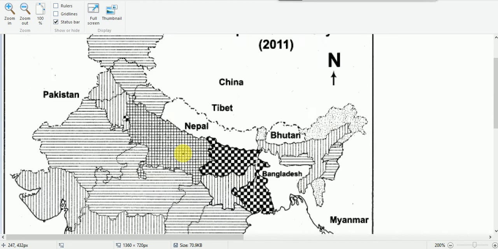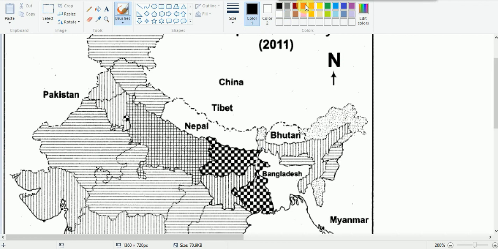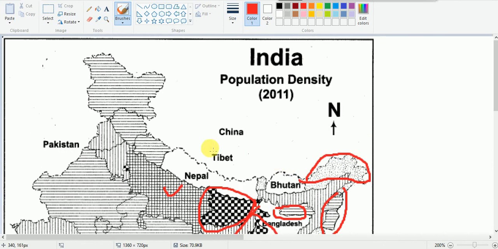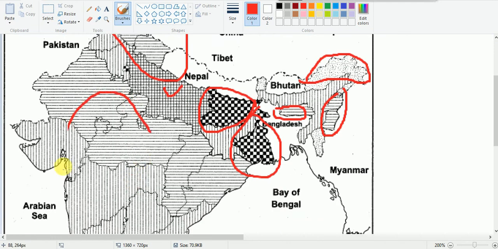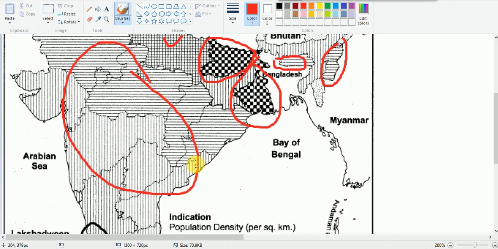Kerala is here, then Bihar is here, then West Bengal, then Uttar Pradesh is here, and states like Arunachal Pradesh, Manipur, Nagaland, Meghalaya have low density, and here also these states have low population density, while the remaining states have moderate density.